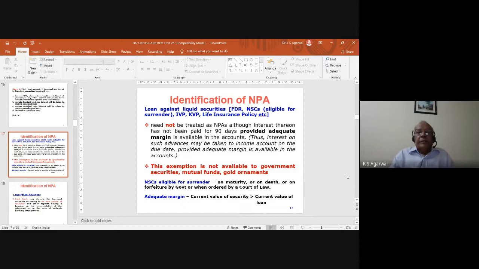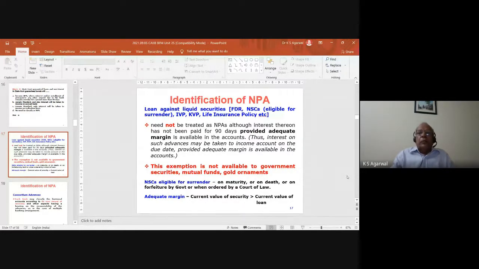So adequate margin means the loan value should be less than security value. With passage of time, my loan amount also increases because of application of interest. At the same time, my FDR's value or NSC's value or surrender value of LIC policy, they also increase with passage of time.